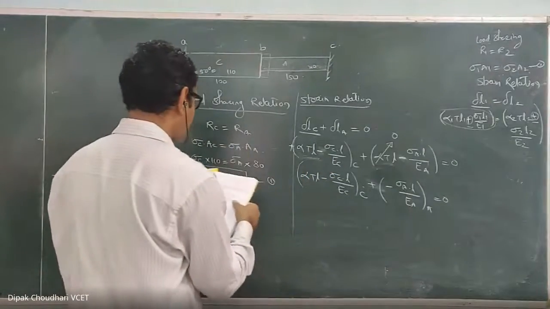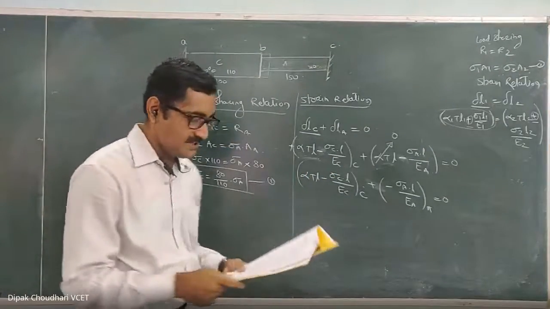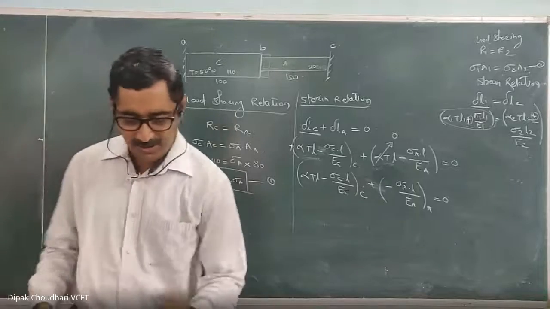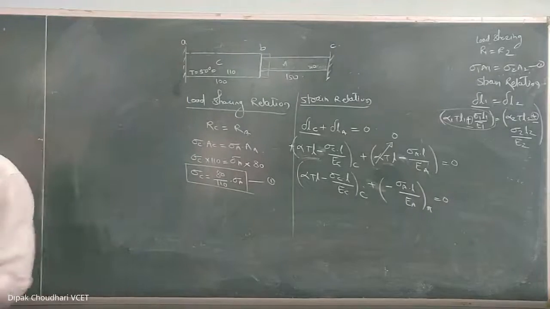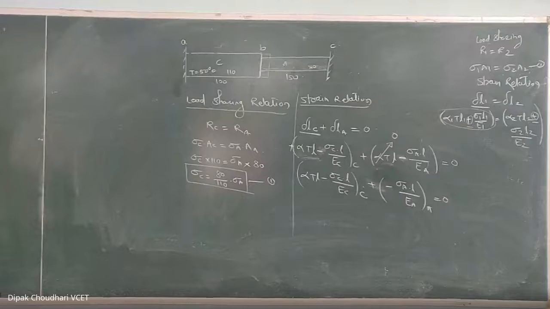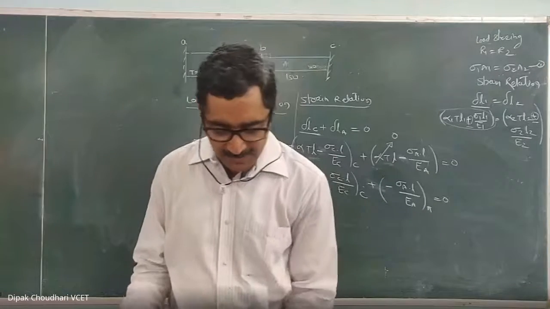I'll tell you the value. Actually, values are not given. I have to search because in the question paper values are not given. Okay, write by the time, I will tell you the value.